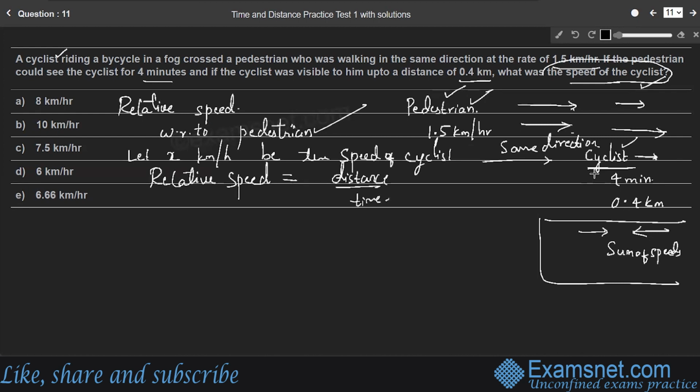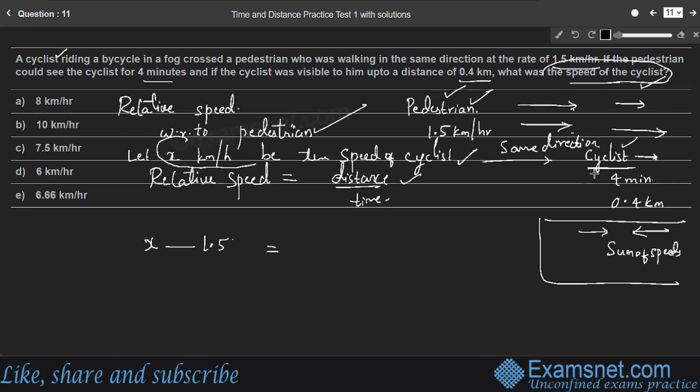Since relative speed is the difference in their speed, so speed of the cyclist x minus speed of the pedestrian 1.5 km per hour is equal to distance covered by the cyclist, not the pedestrian, because we are going to find the speed of the cyclist.